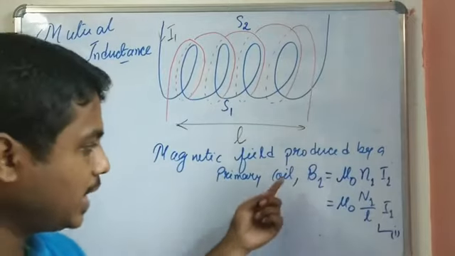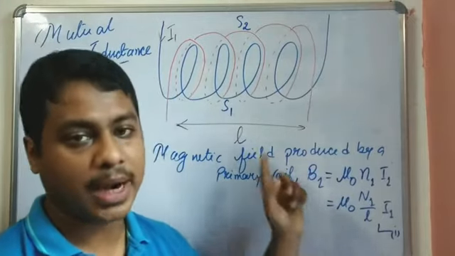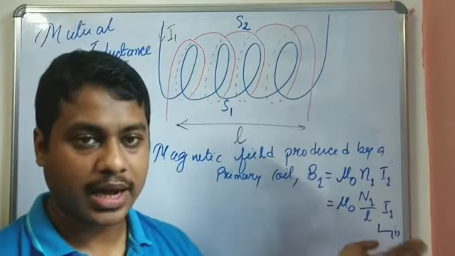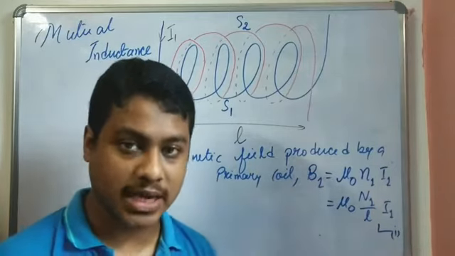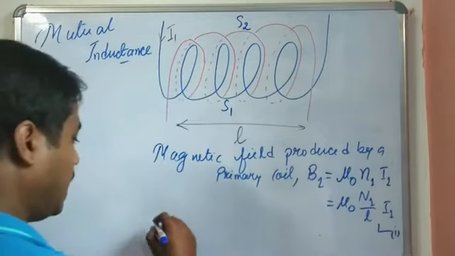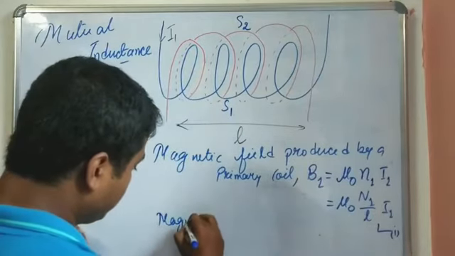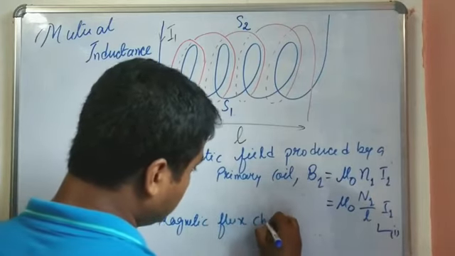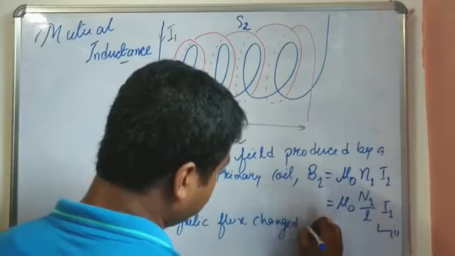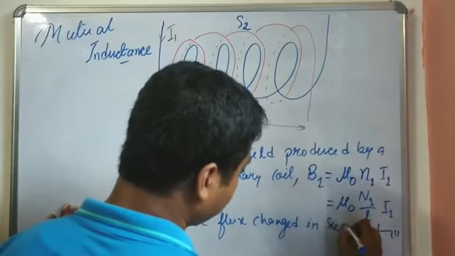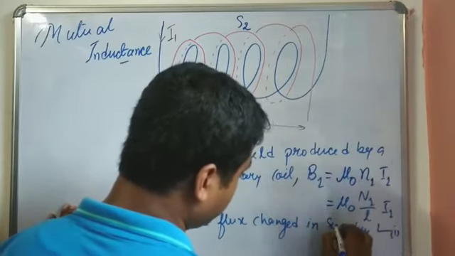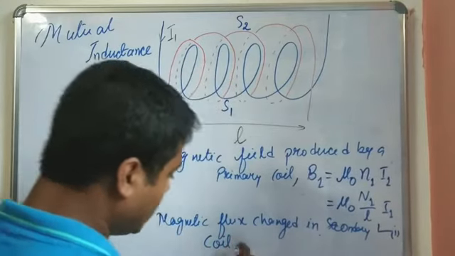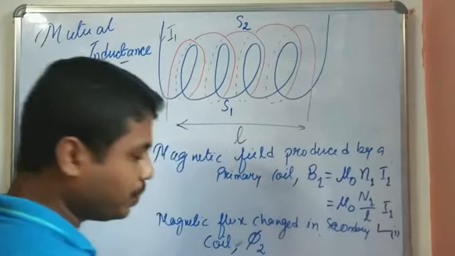Now this magnetic field that was produced in the primary coil will be linked to the secondary coil as magnetic flux. The magnetic flux changed in the secondary coil, I'll write this as phi 2.